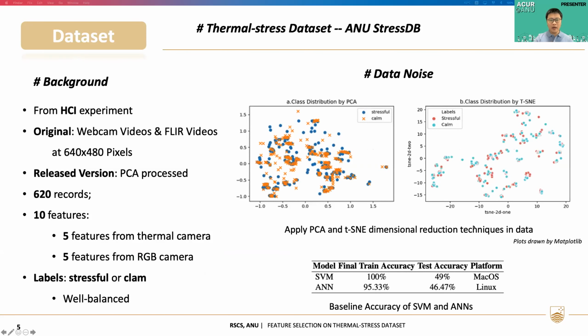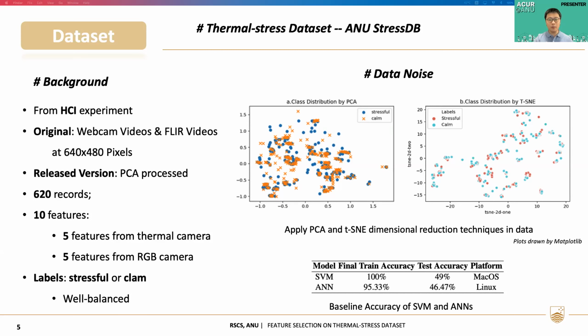After introducing the background, let's move on to the dataset. The dataset we use is the thermal stress dataset, also known as ANU StressDB. The dataset is from a human-computer interaction experiment about a stress simulator. There are 31 people involved in this experiment. Their facial information was recorded by two cameras, one RGB webcam and one thermal camera.